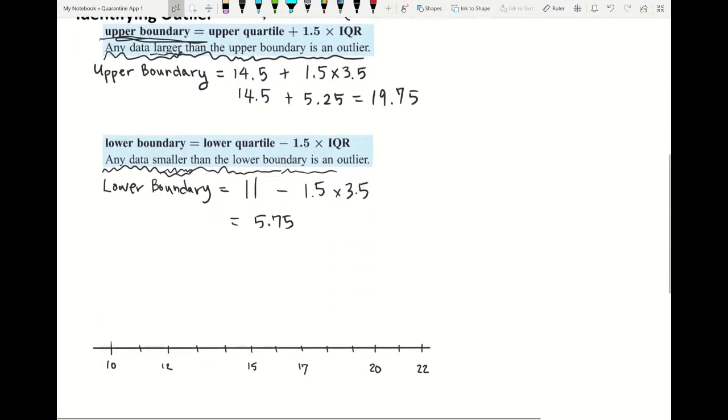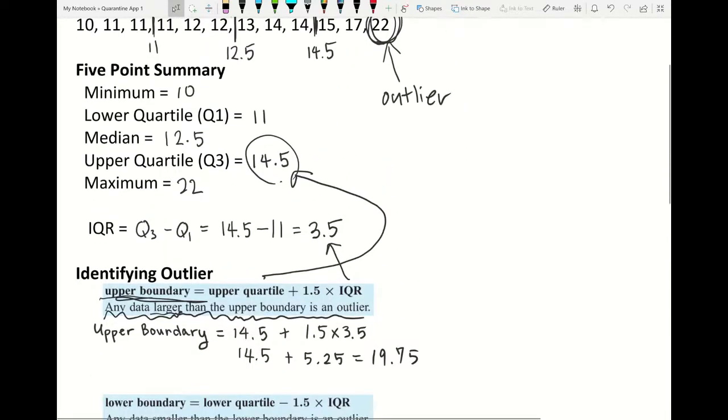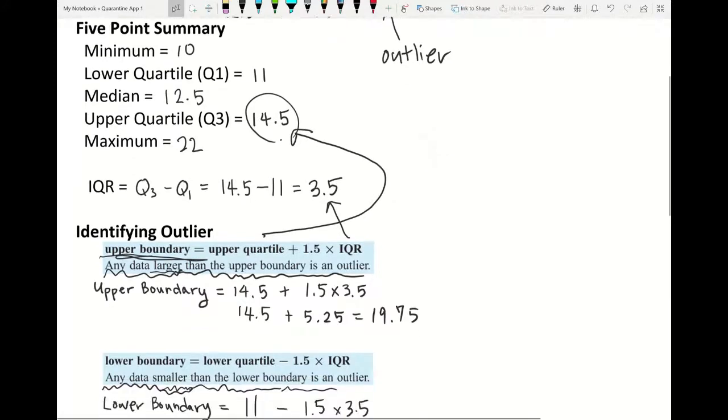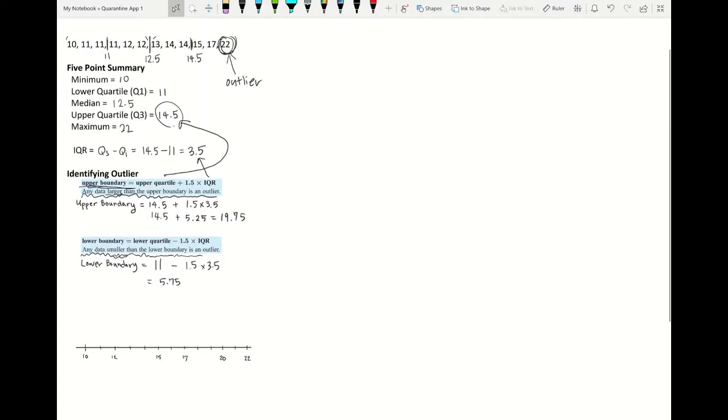So now we are ready to construct box and whisker plots. We're going to use the 5-point summary. Minimum is 10. There's 10 right here. Lower quartile is 11. Median is 12.5 right here. Upper quartile is 14.5.